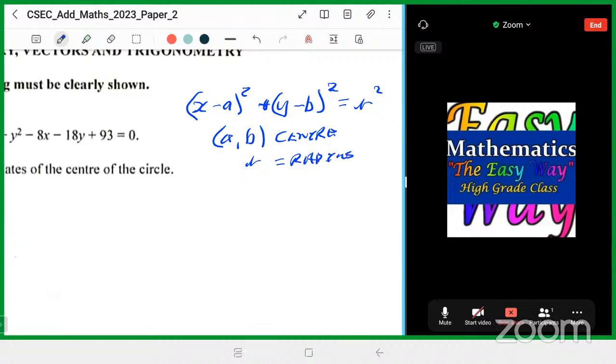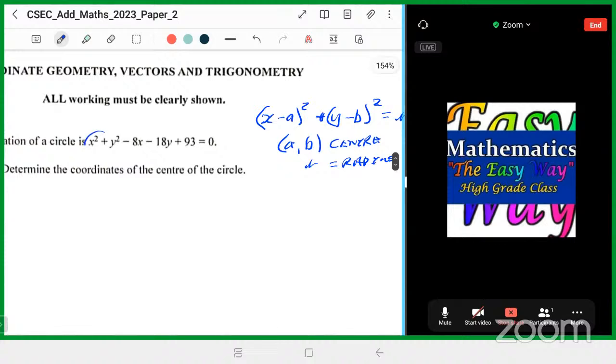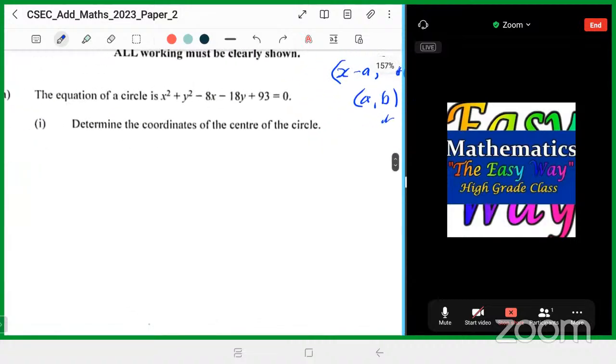All right, so we just need to take this and complete the square of the x values and complete the square of the y values, and basically write this equation in this form. So we can pick out the a, pick out the b, pick out the r. So let's go. First thing I'm going to do is put the x values together, and I'm going to be completing the square.